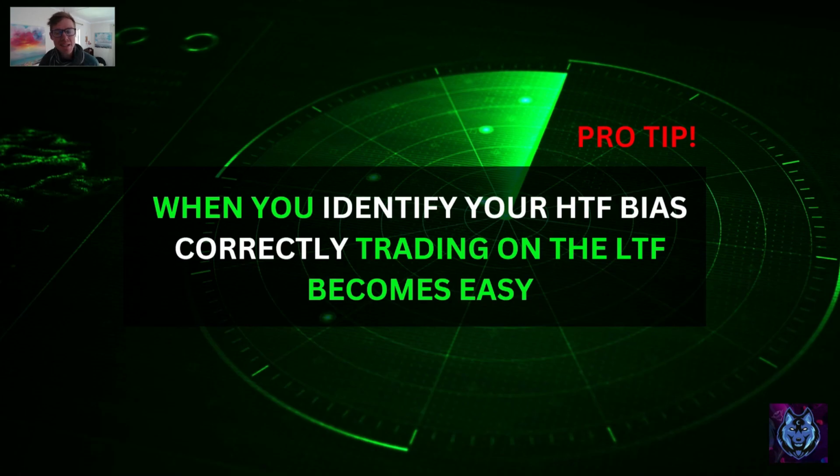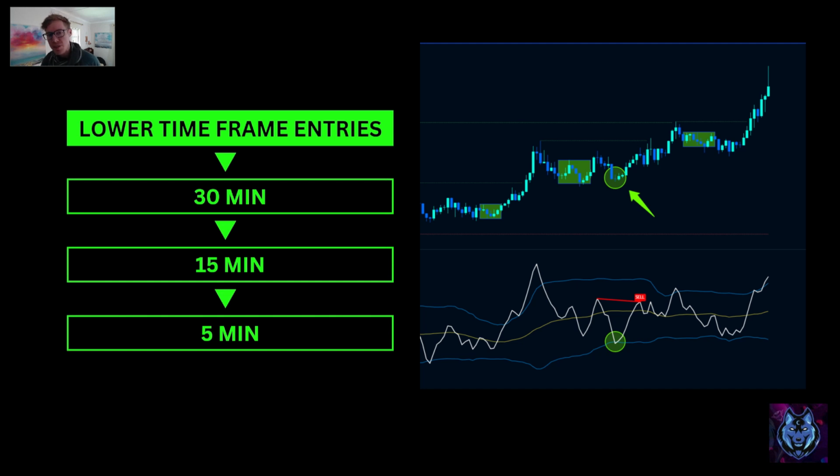When you can identify your higher time frame correctly, trading on the lower time frame becomes super easy. For your lower time frame entries, you can focus on the 30 minutes, the 15, the 5 minutes, or even the 1 minute. Once we know there's a clear uptrend on the higher time frame, we come to the lower time frame. I'm on a 5-minute chart here, and we're looking for long entries every time there's a pullback.